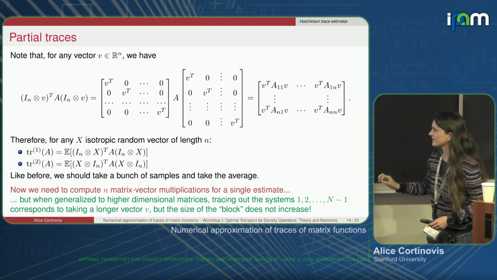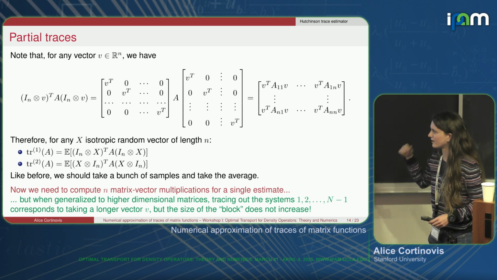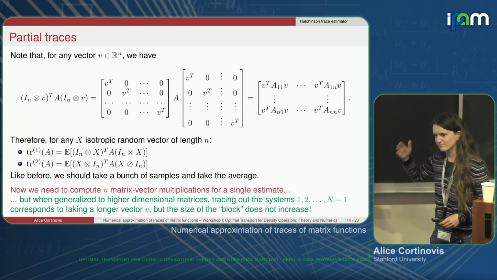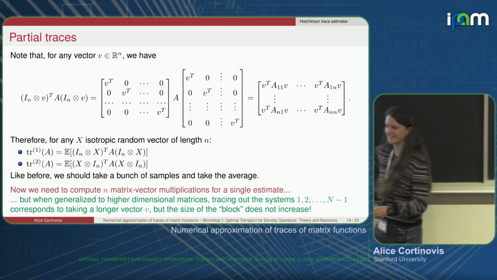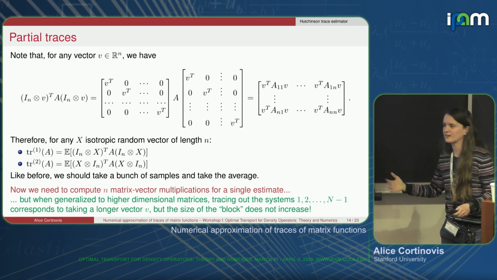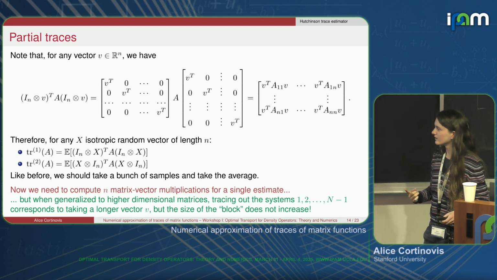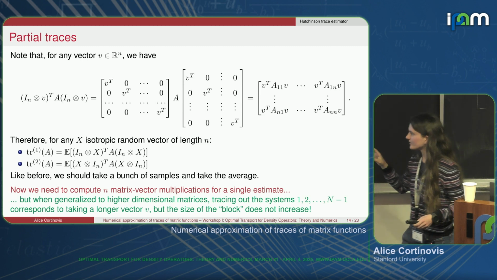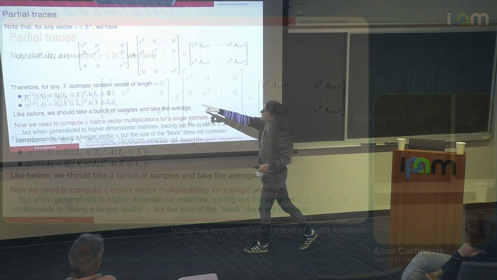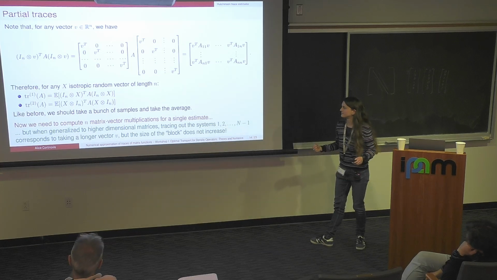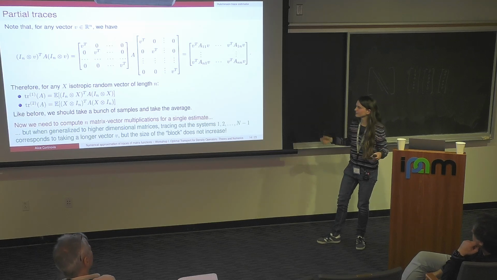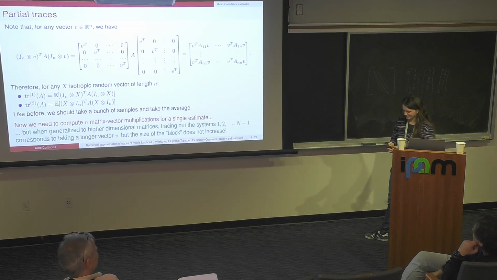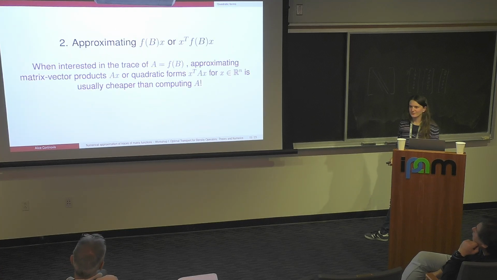But I think the nice thing is that if you generalize to higher dimensional matrices, defined on the tensor product of many spaces, and you trace out everything except for one, this vector x or v gets longer, but the size of the block does not increase. So I guess this is good news.